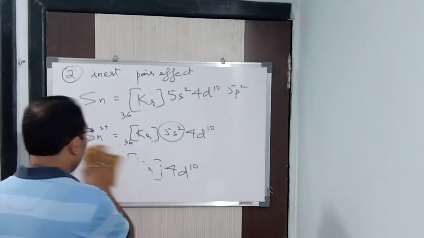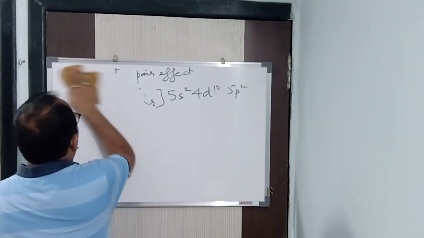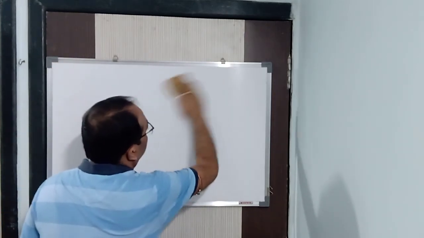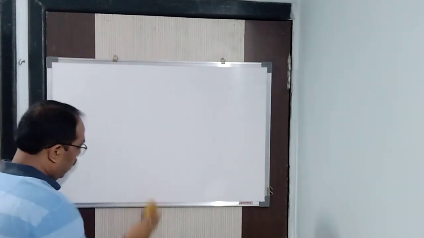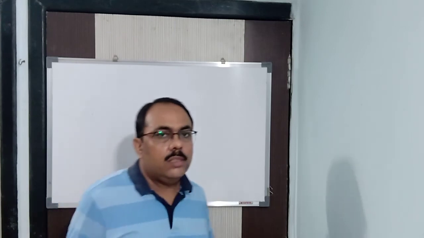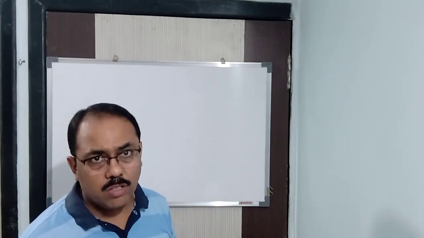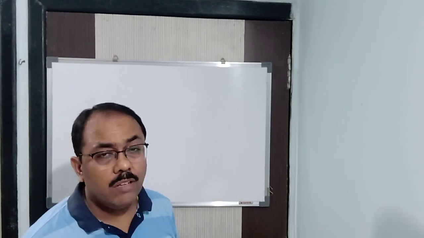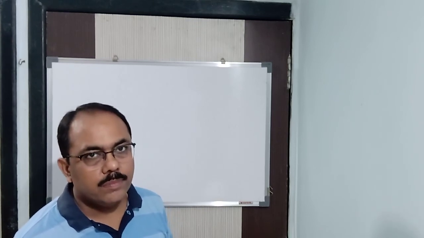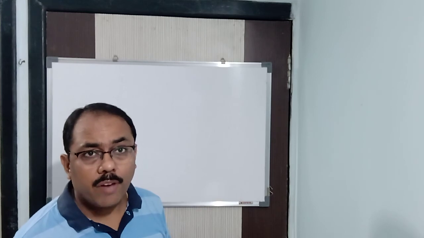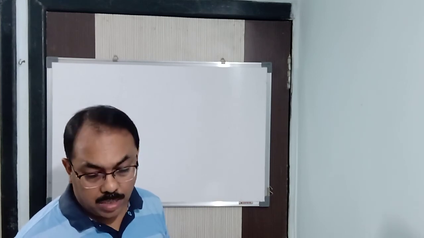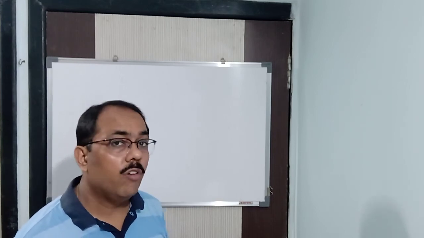So what is that variable covalency? Now if I ask you the valency of chlorine, you will say it is 1. But I will tell you it is 1, 3, 5 and 7. Chlorine has got variable covalency.